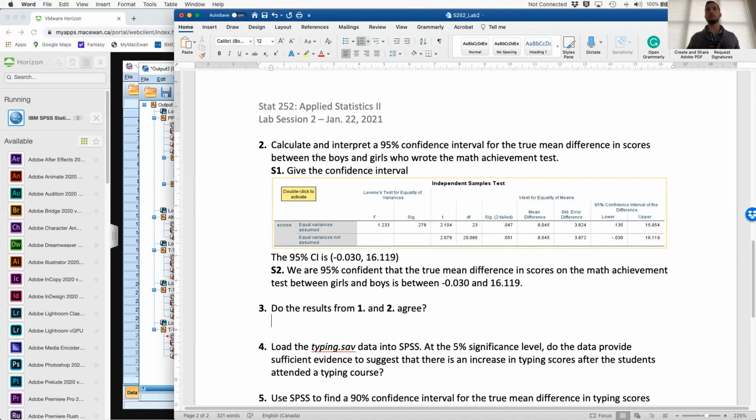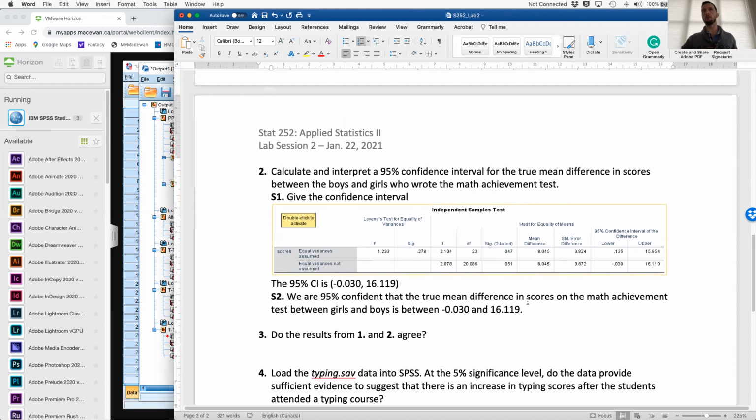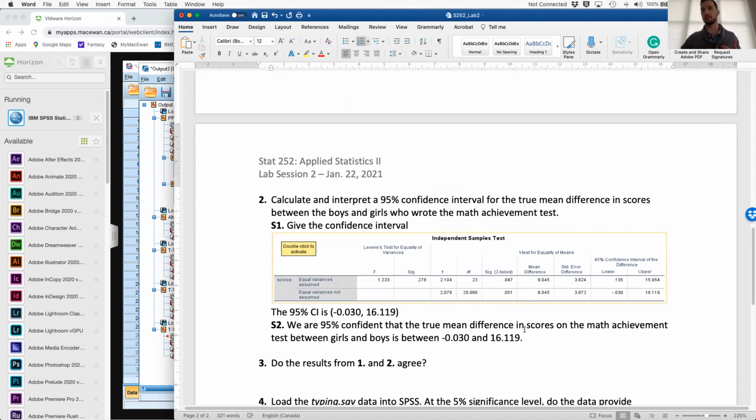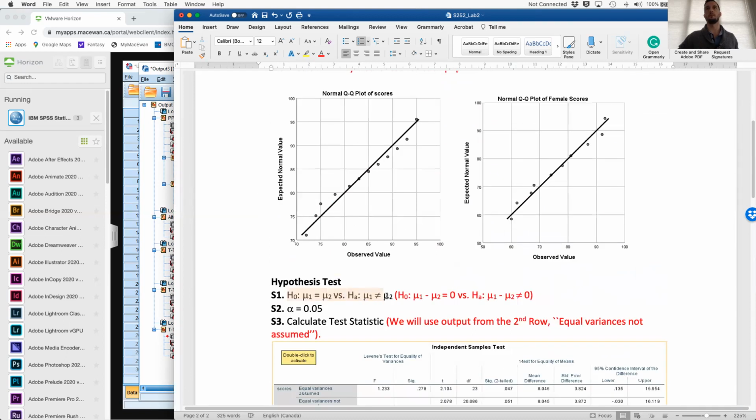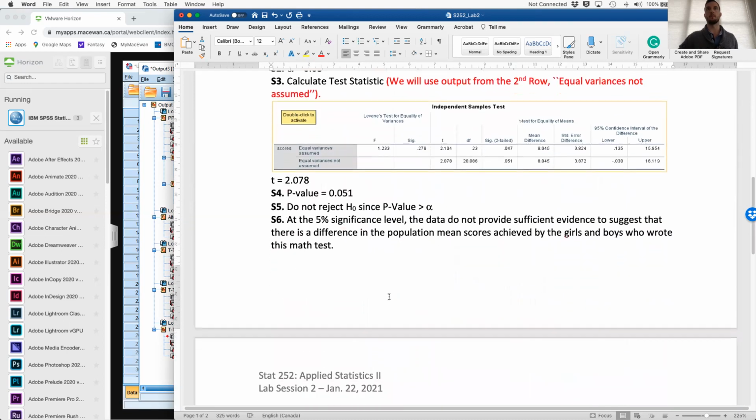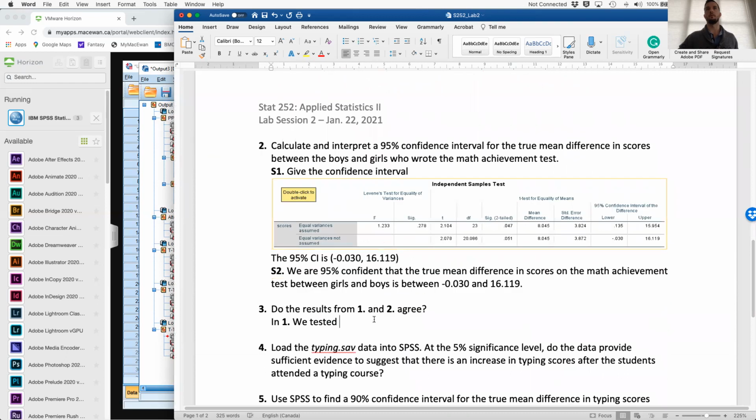Okay, in question 3, it asks, do the results from 1 and 2 agree? So these are interesting questions in the context of comparing a hypothesis test to a confidence interval. So in question 1, we tested the following hypotheses.